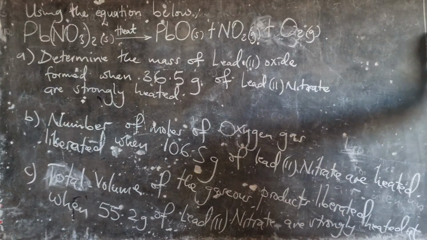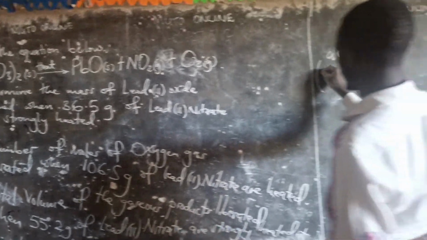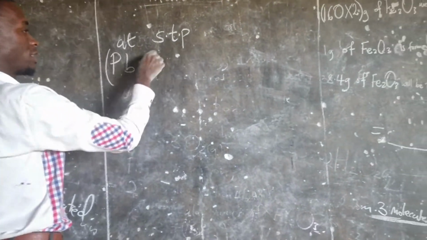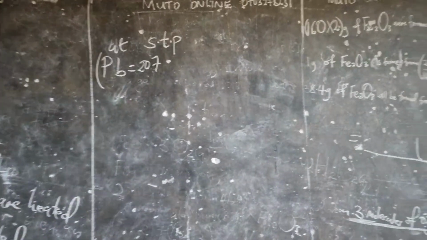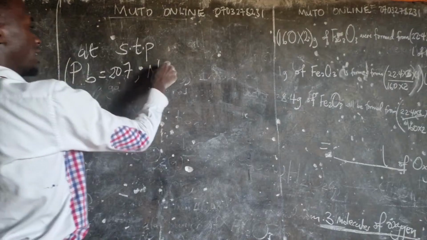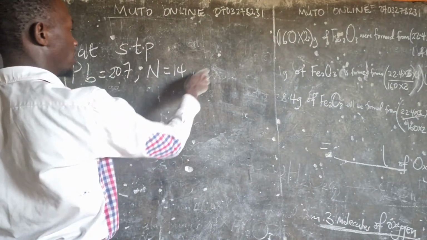In a bracket, lead is given as 207. Nitrogen is given as 14.